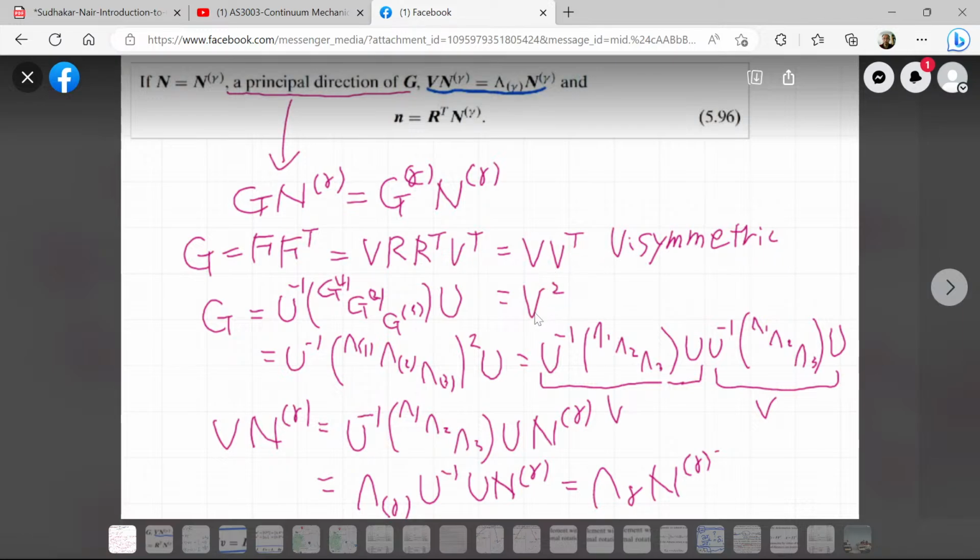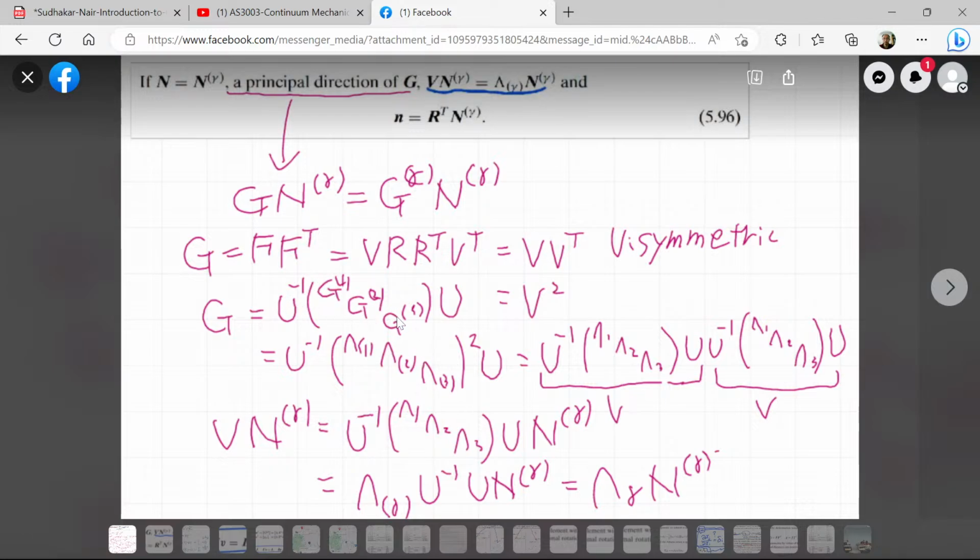So we can write this V square, okay? And G in spectral representation, we can write it here. There's a diagonal matrix with the 3 eigenvalues in diagonal places. Then we have this orthogonal matrix. In quantum mechanics, it's called unitary matrix, and it's called unitary transformation.